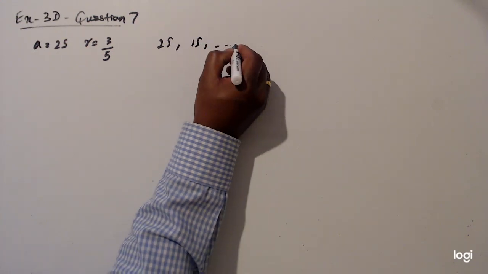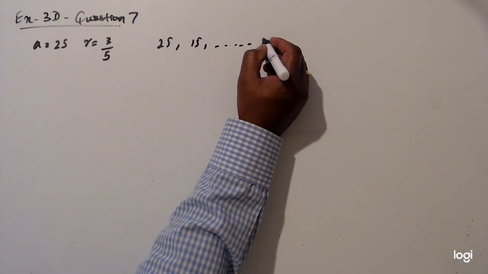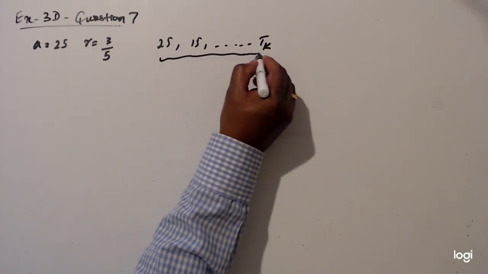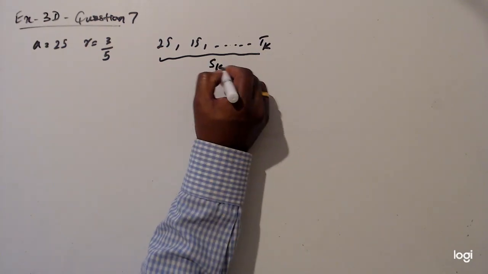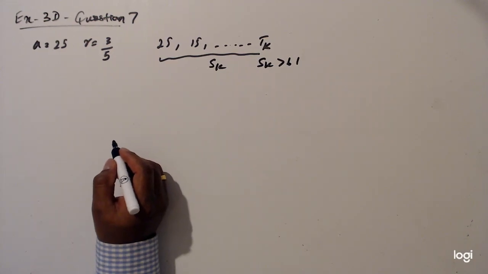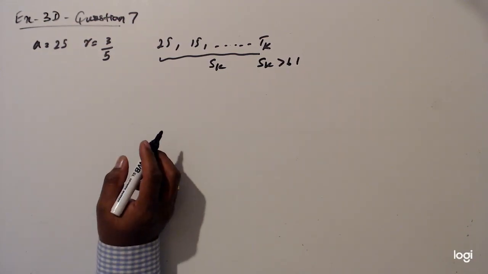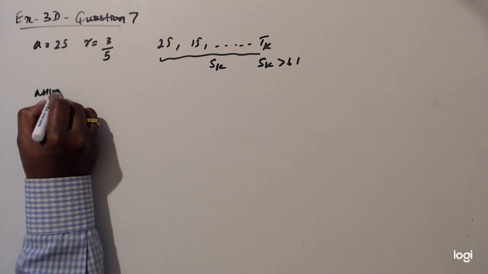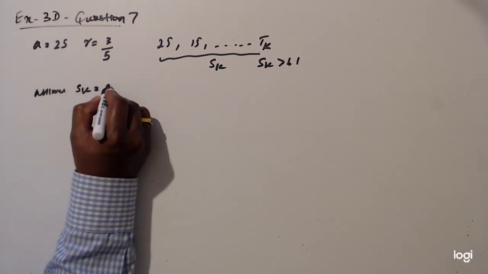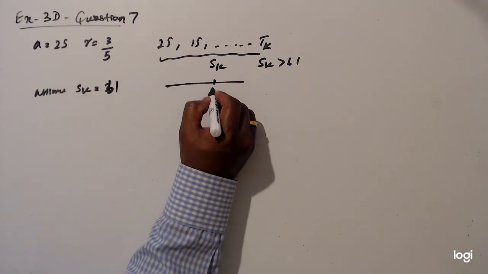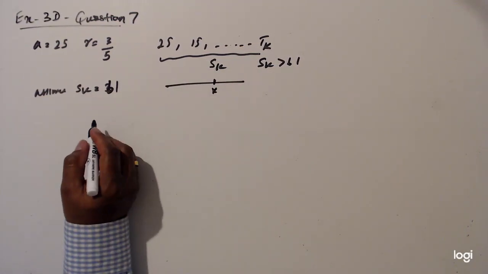Likewise, there is a term, let's say the k-th term. So when you add these k terms, that is Sk, Sk has to be greater than 61. So the same way we'll assume Sk equals 61, and we'll find the value of k first.